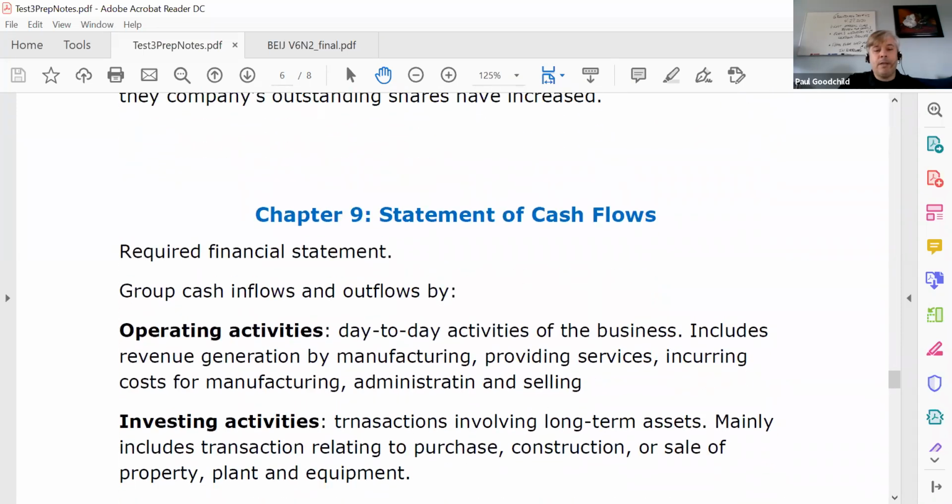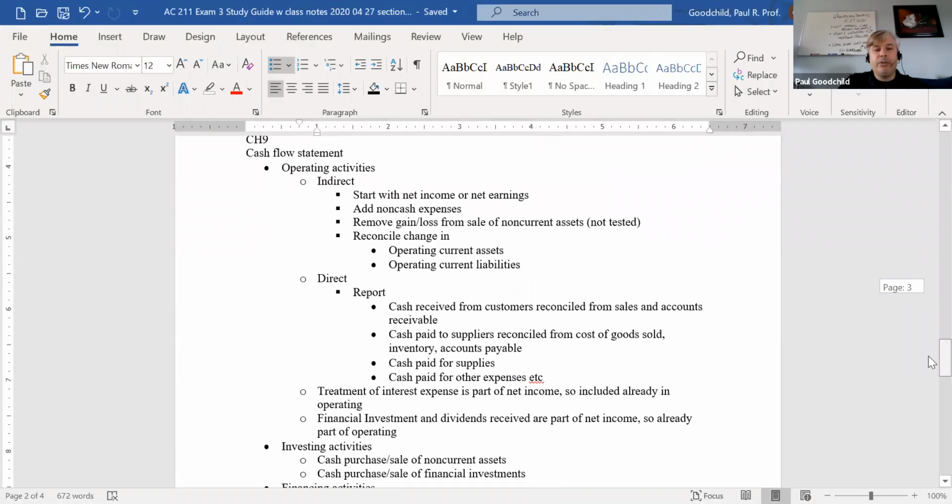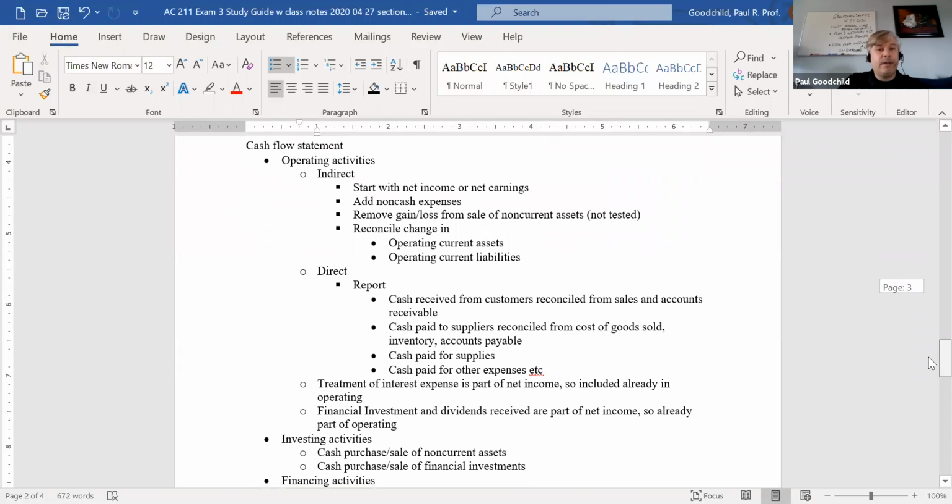Okay. So now dropping back to our handout study guide outline, we move to chapter 9. So we have the cash flow statement, and the important thing here is to know the 3 sections.